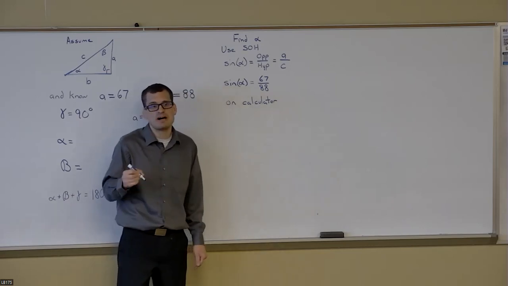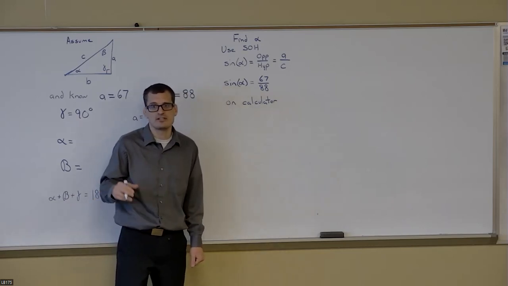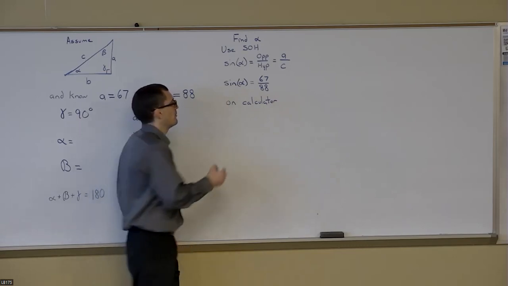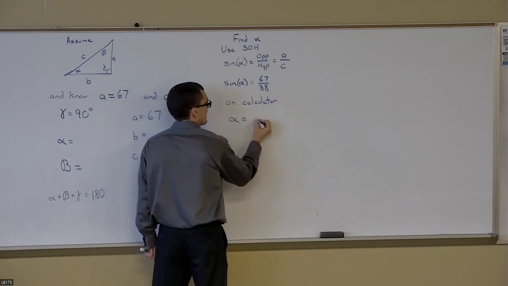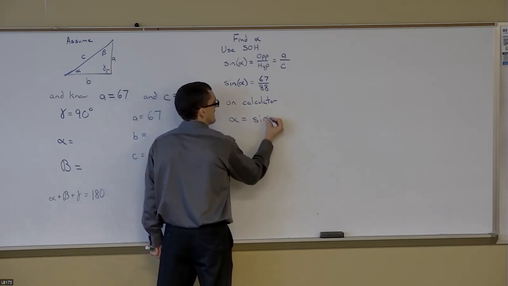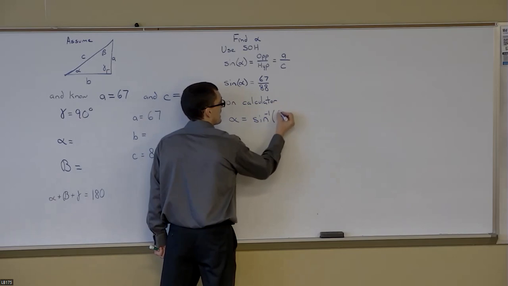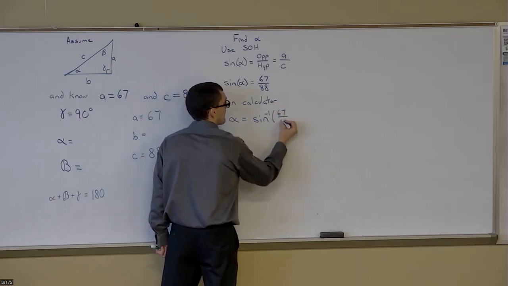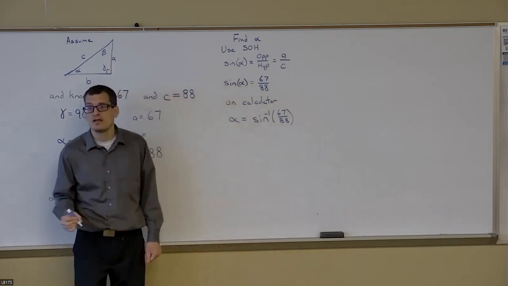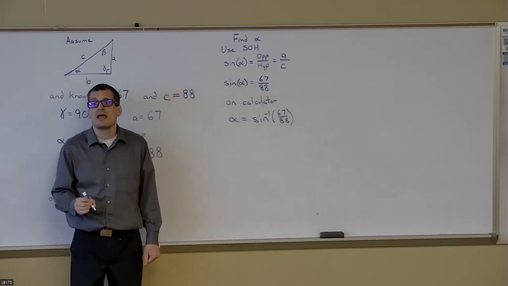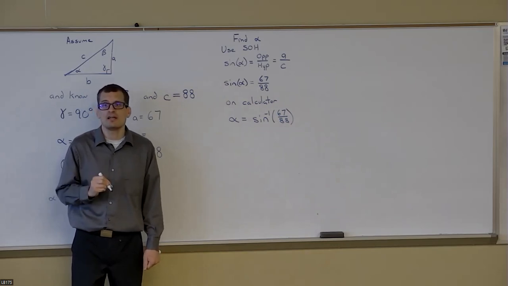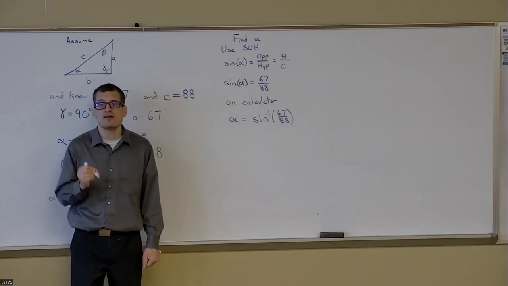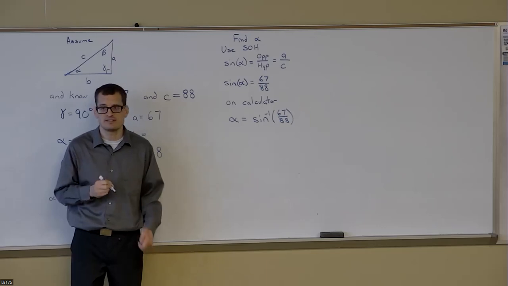We're going to learn more about inverse sine in later chapters. But for this section, it suffices to say that we can use the inverse sine to find alpha. And the way we do that is we say alpha is the inverse sine of 67 over 88.